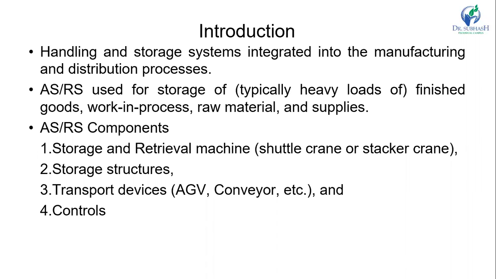The large volume also calls for a proper information management procedure in order to reduce duplication and reduce inventory cost. This automated storage and retrieval system is known as ASRS, which is the handling and storage system integrated into the manufacturing and distribution processes.